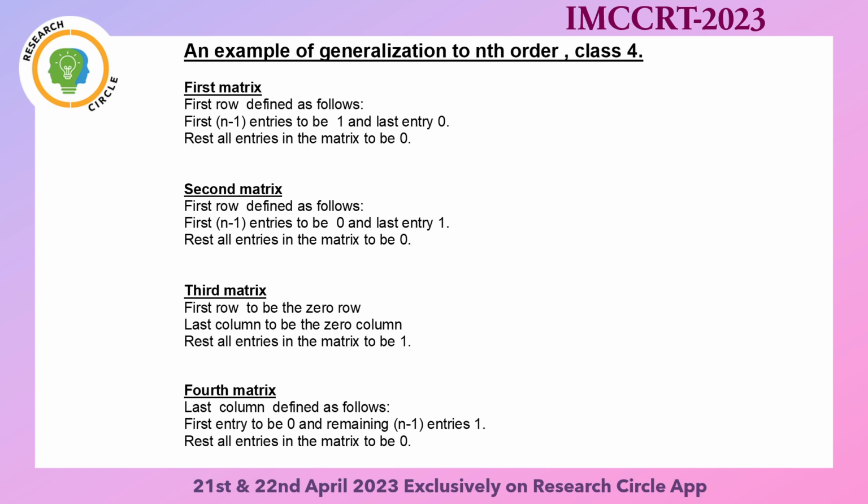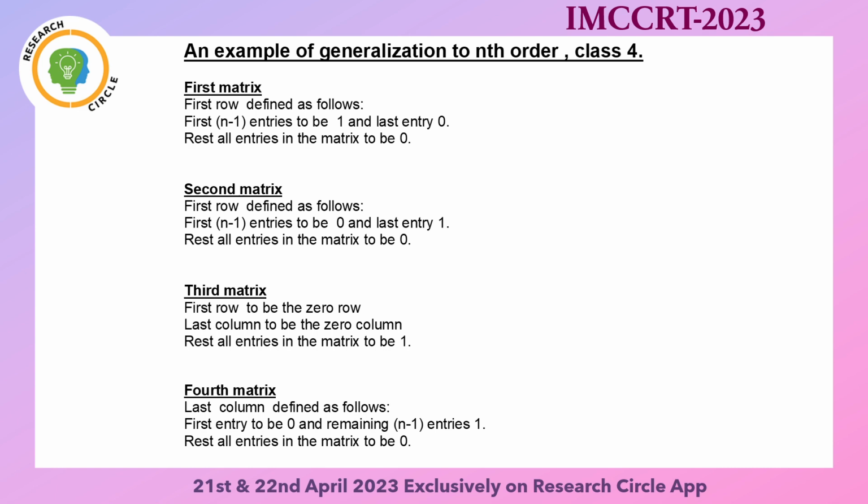There we define the first row as follows. The first n-1 entries to be 0 and last entry 1. Rest all the entries in the matrix to be 0. The third matrix, we take the first row to be the 0 row and the last column to be the 0 column, and rest all the entries in the matrix to be 1.